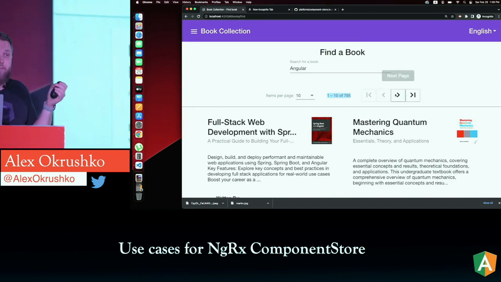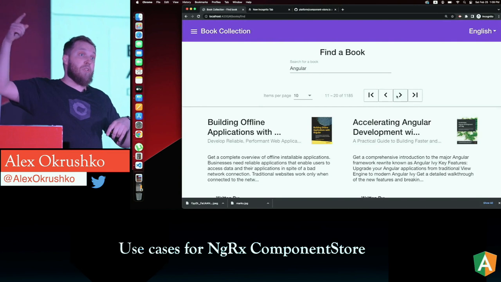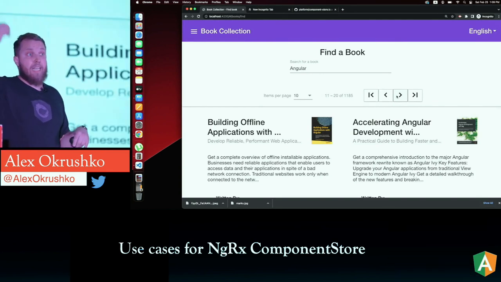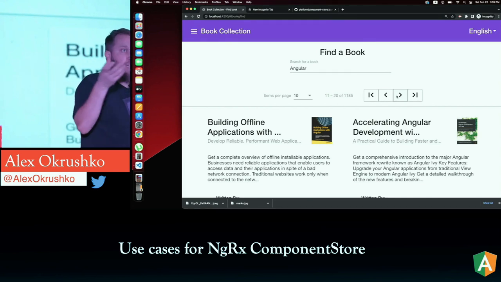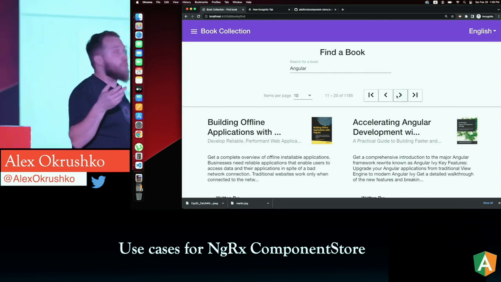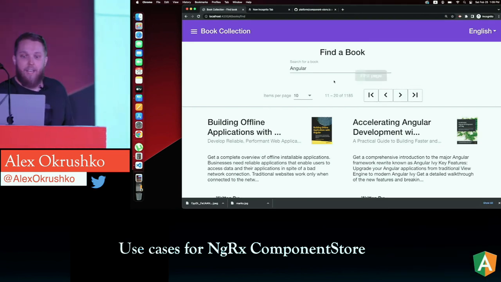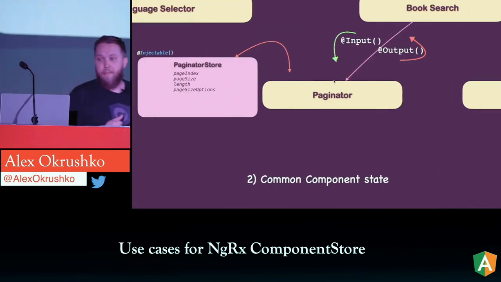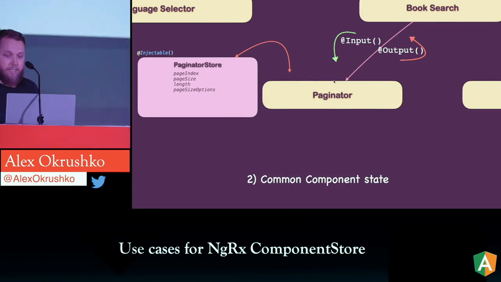Whenever I interact with this component, it will let the parent component know, hey, they pressed the next button, and the next button means that they want to see the next 40 books or whatever, 40 items that it's tracking. It has no idea what it's tracking, right? Because it's a common component. And in this case, page index, page size, and page length is what it does.